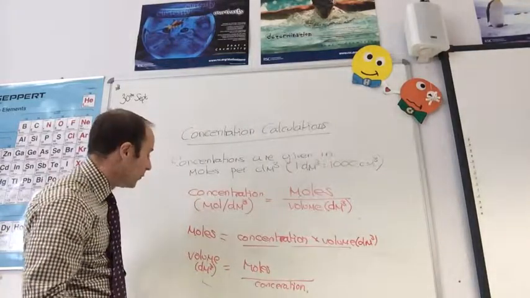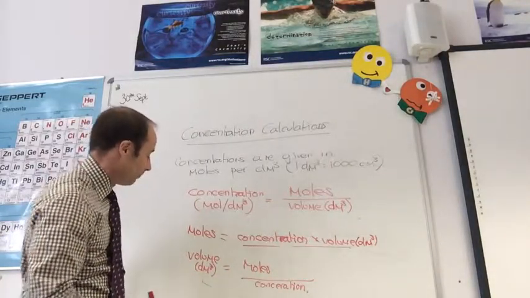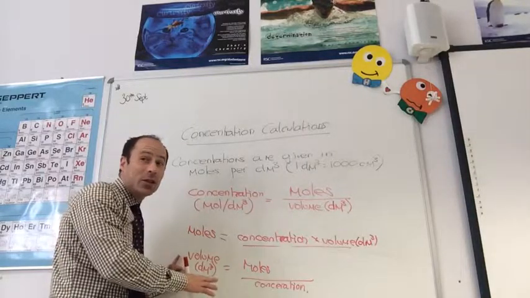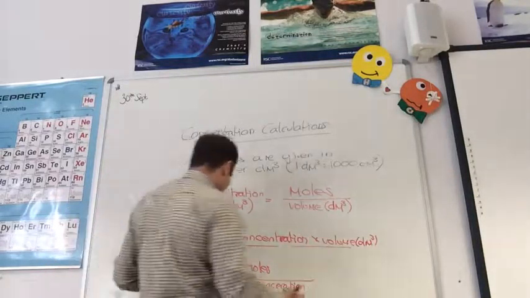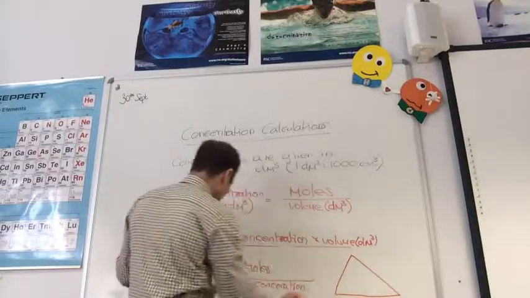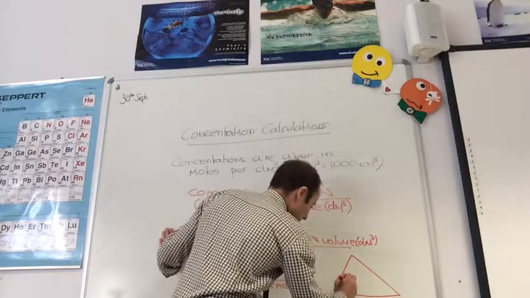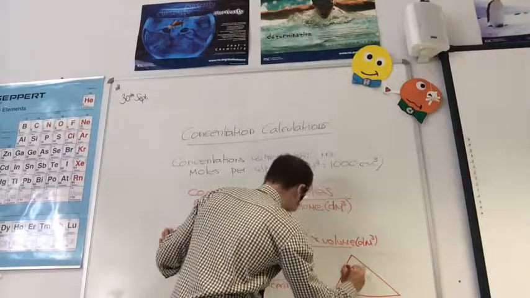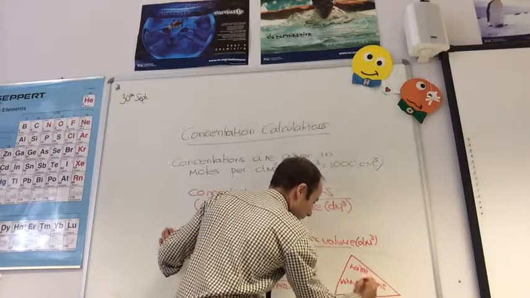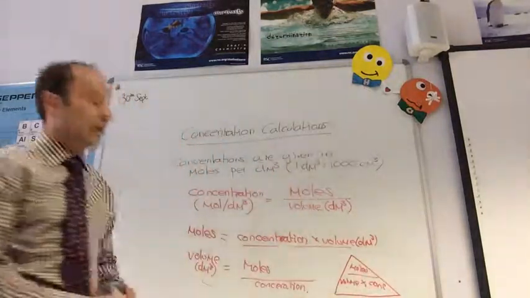And then you can use your formula triangle. They normally want you to give your final answer in centimeters cubed. So if you want your formula triangle for this one, there's a little triangle. You can have volume there, moles at the top, and concentration there. And then that will work out.